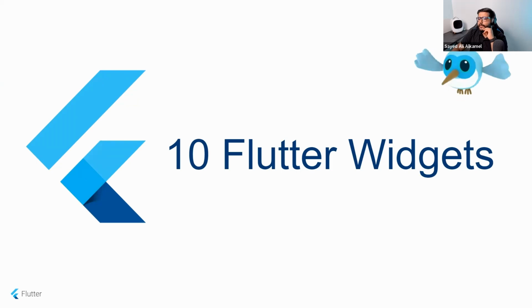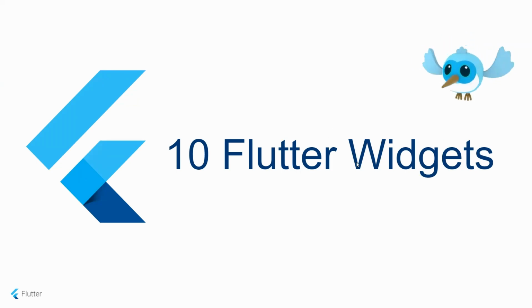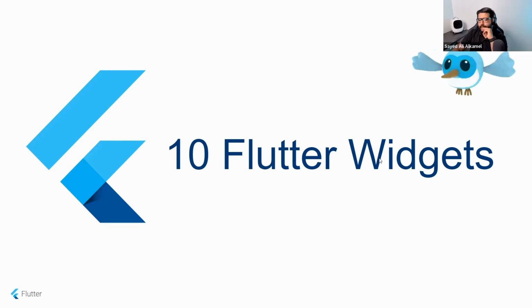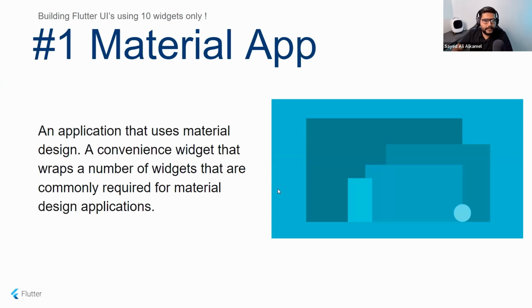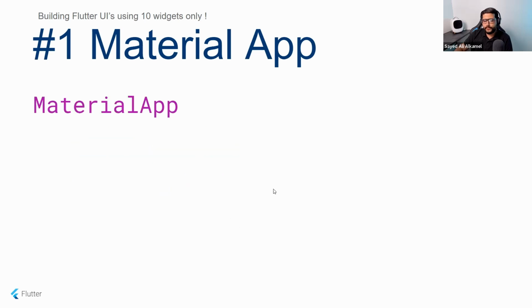Okay, so we'll start with the 10 widgets that we mentioned earlier. The first one is the MaterialApp widget. This is a widget that defines the application that we will be using, and it also defines the style, which is Material style in this case.